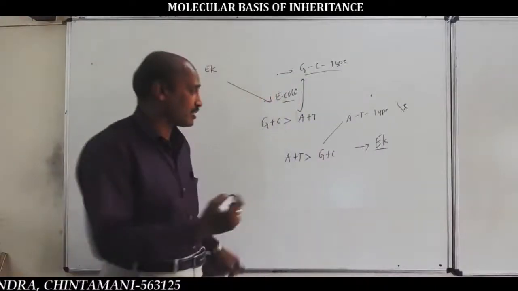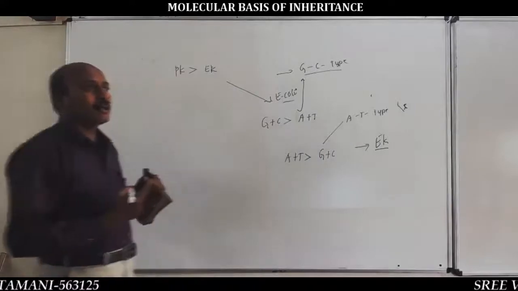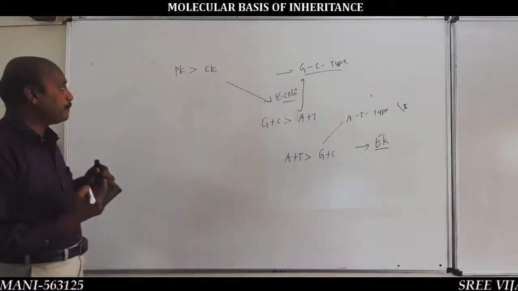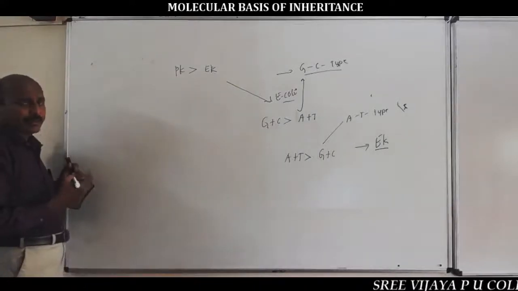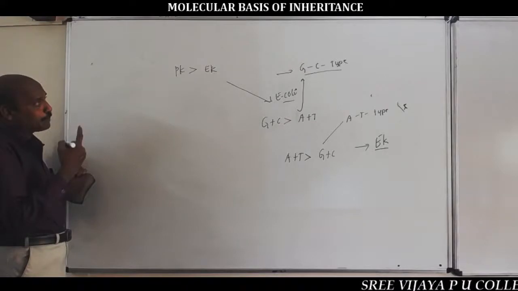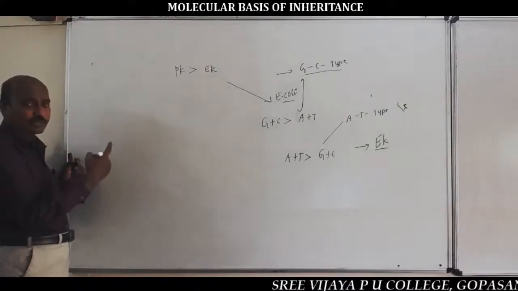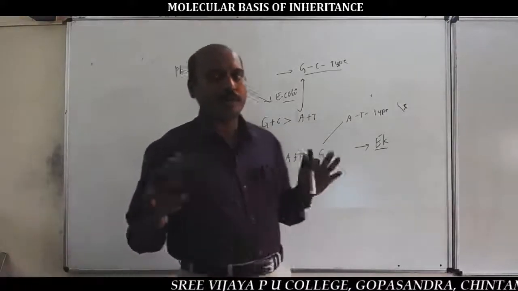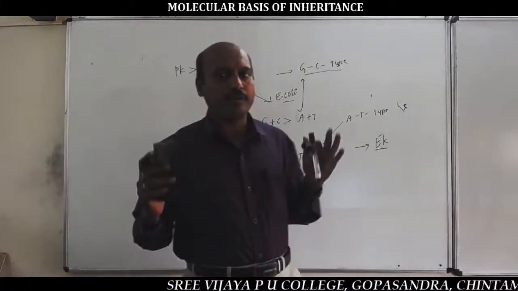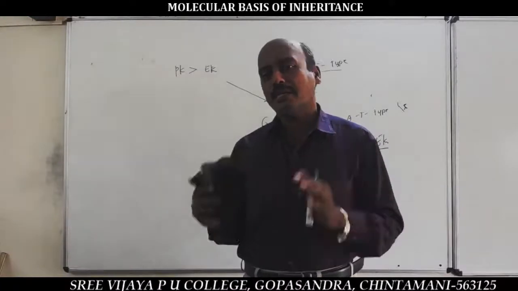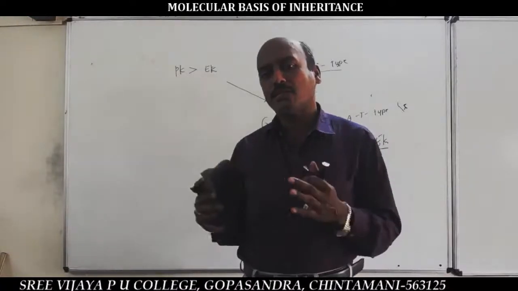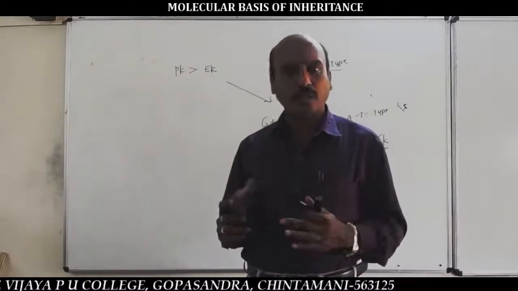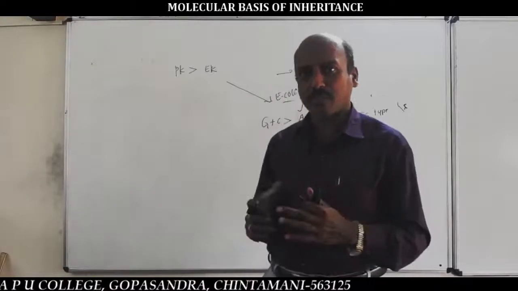And the melting point of prokaryotic DNA is higher than that of eukaryotic DNA, because the melting point of DNA depends upon GC content, the guanine and cytosine nitrogen base pairs.